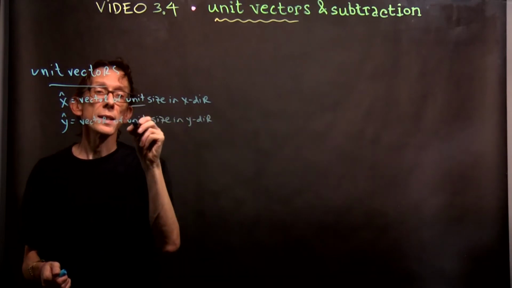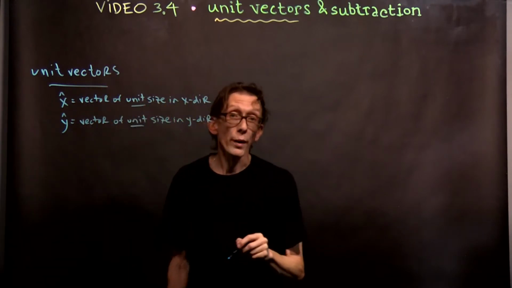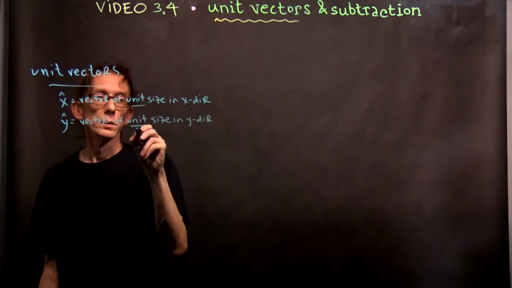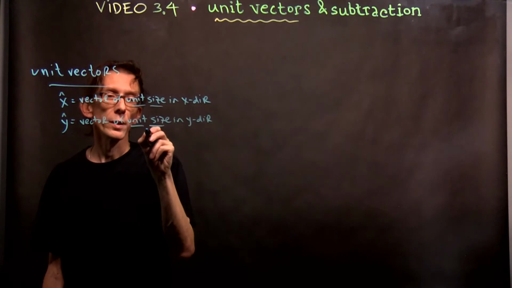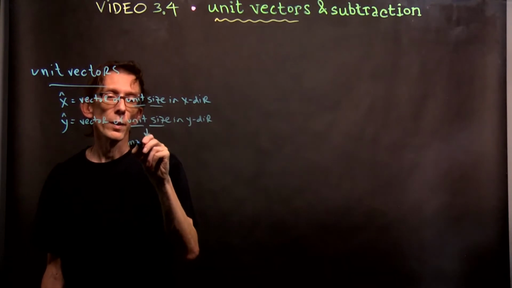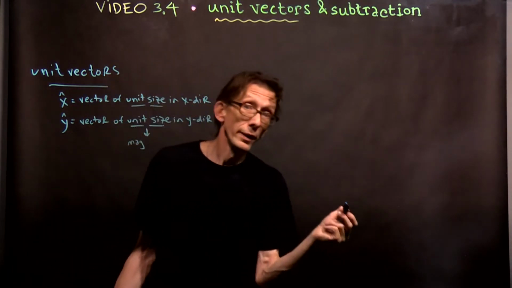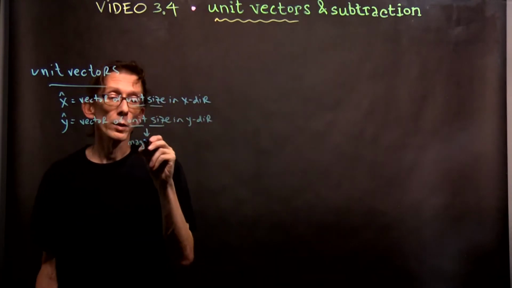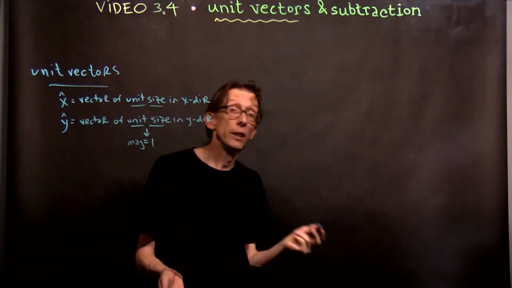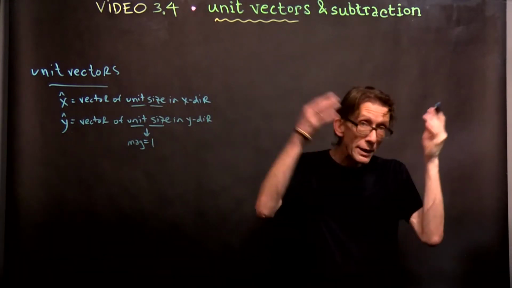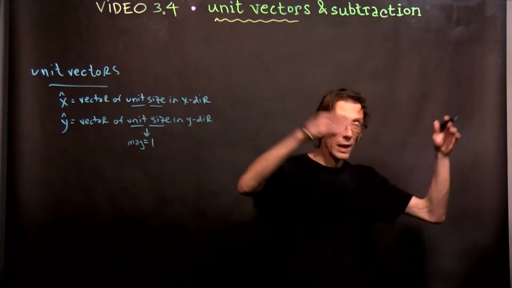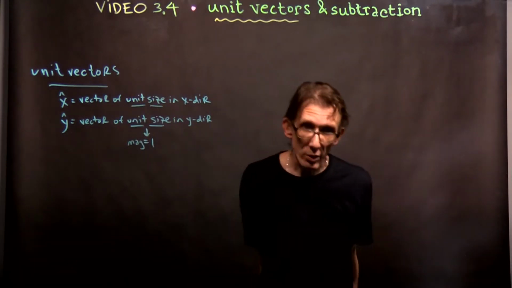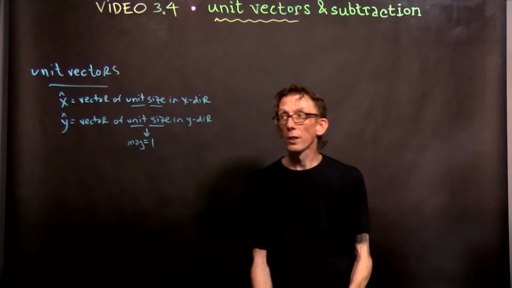By unit size, I mean their magnitude is 1. That's what I mean by unit size. Magnitude of these units, that's why they're called unit vectors. Okay, magnitude is 1, and they're dimensionless. There's no meters or meters per second or newtons or anything associated with them. They're just these little vectors.